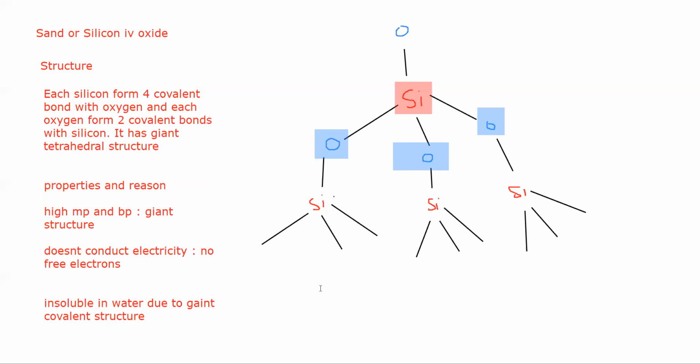The uses, again, the uses you have to write. Two uses of silicon 4 oxide or sand. Basically, silicon 4 oxide is sand. So you should be able to draw the structure and explain the structure of silicon 4 oxide. Is it clear?